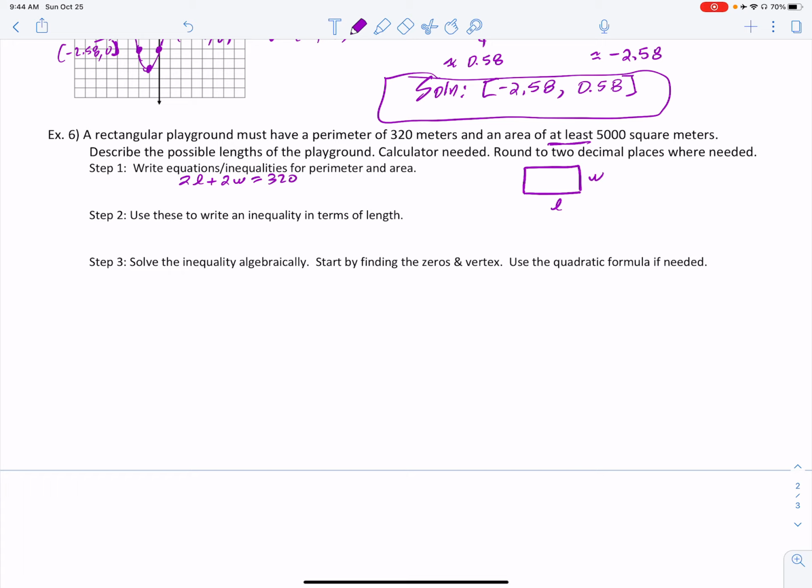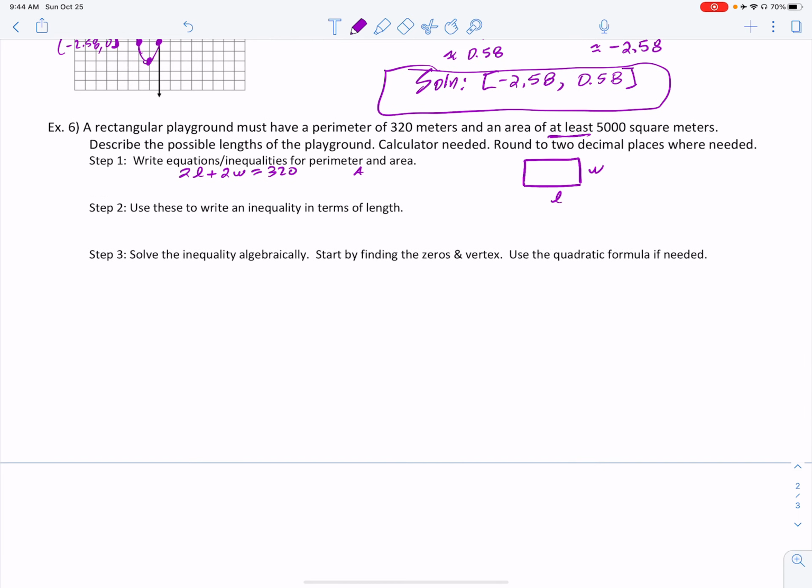And the area formula, that area has to be at least, so at least includes it, greater than or equal to 5,000. So your length times your width has to be greater than or equal to 5,000. So area, there's that.